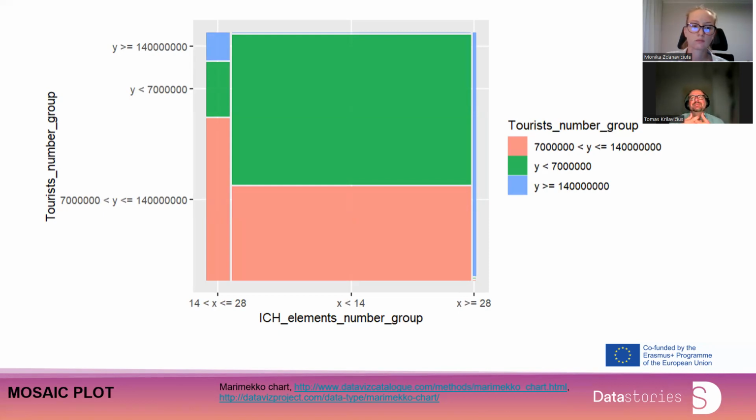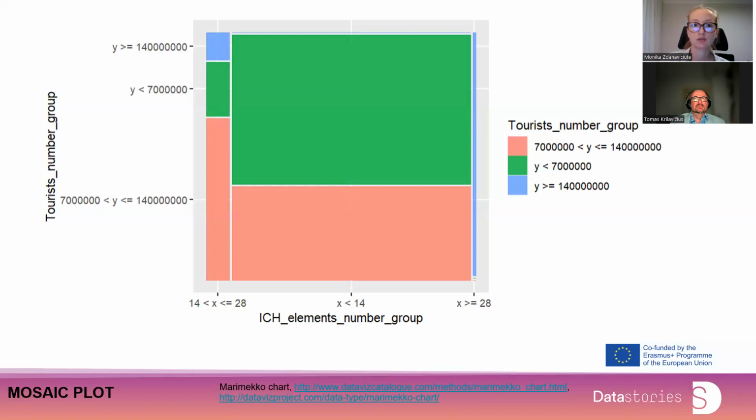So Monika, please. Yeah, so here the countries are grouped into 9 groups, and columns are grouped by ICH element numbers, and rows are grouped by tourist numbers. So in the middle, we can see the biggest group of countries, which has less than 14 ICH elements.